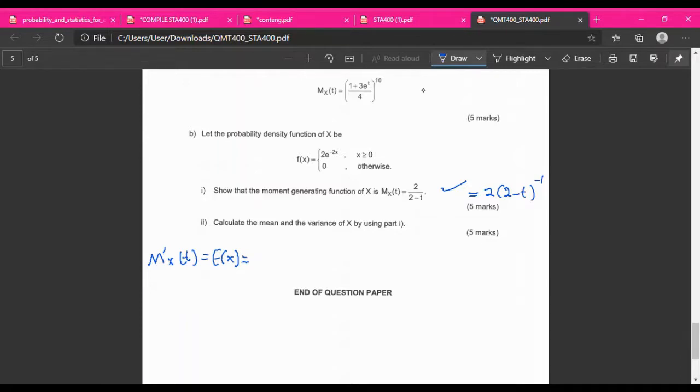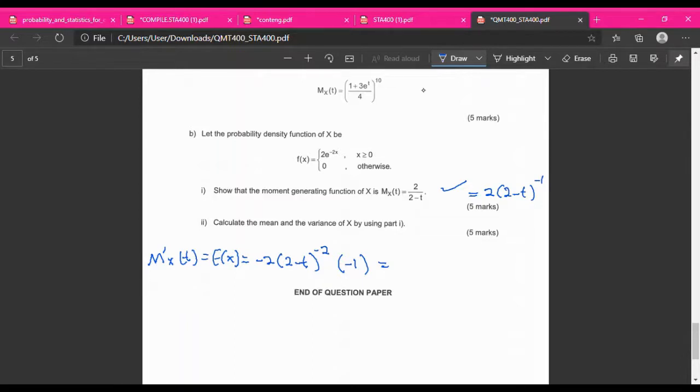So you differentiate this, you will get negative 2, 2 minus t power of negative 2, multiplied by negative 1. The negative 1 is brought to the front, multiplied by 2, negative 2, and then copy back this one, its index minus 1, and then differentiate the function inside with respect to t, you will get negative 1.